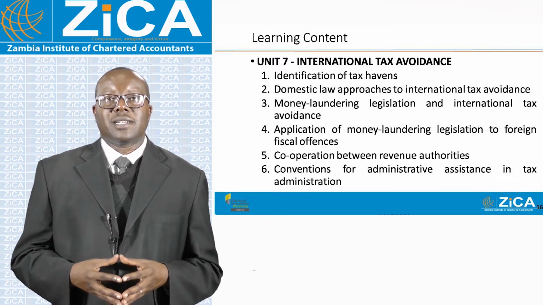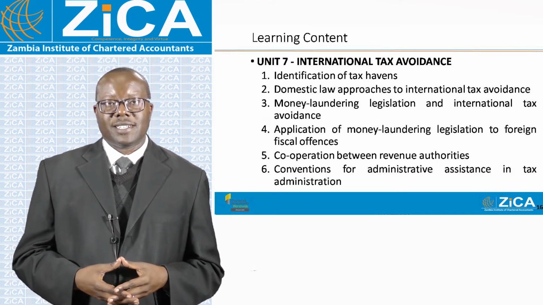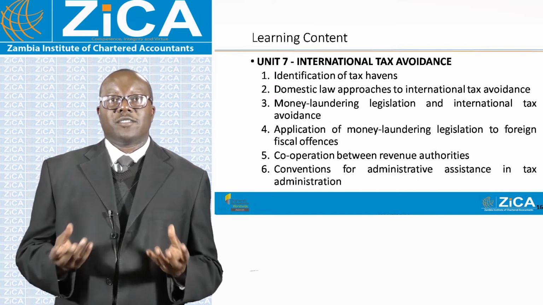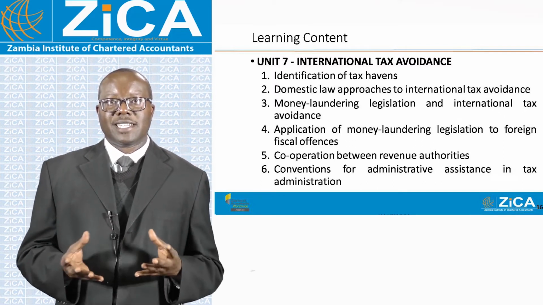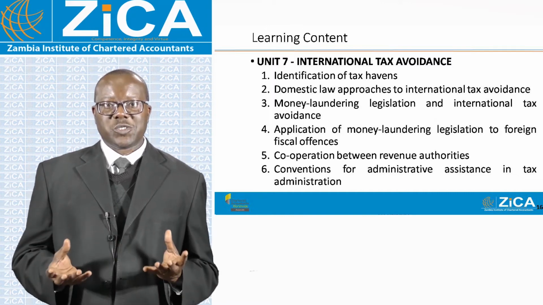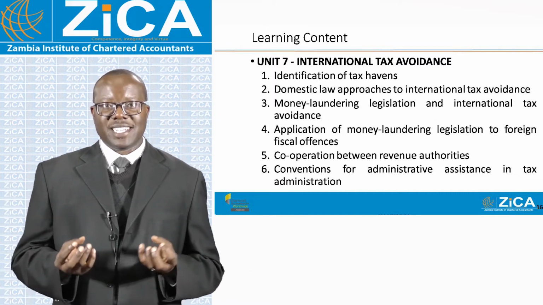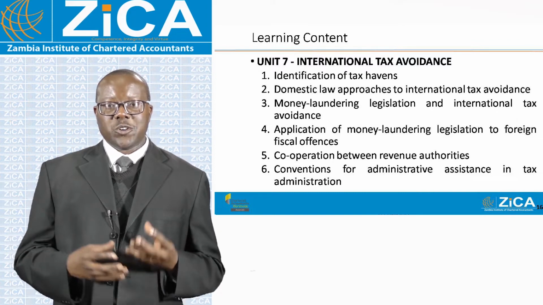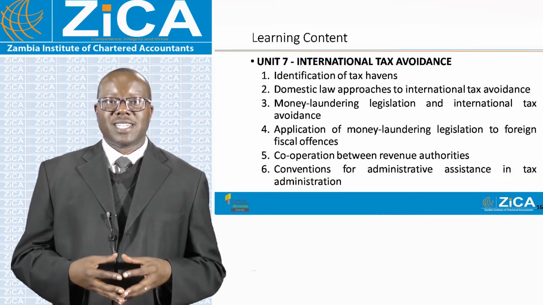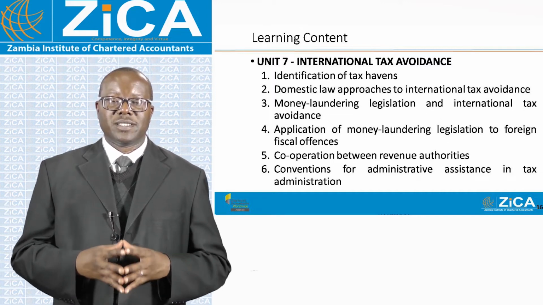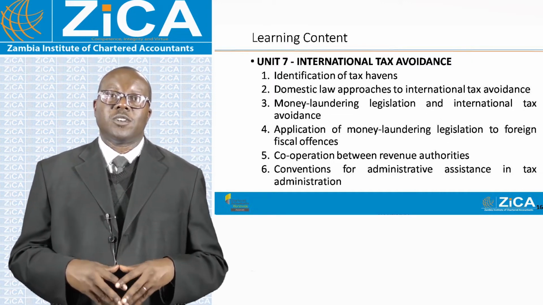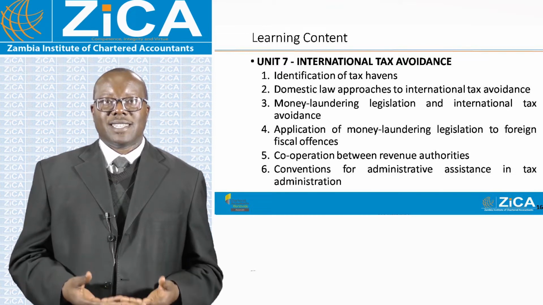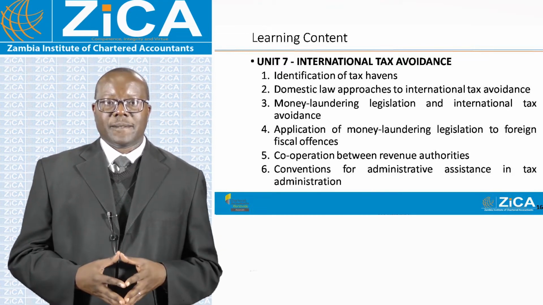5. Cooperation between revenue authorities, where our Zambia Revenue Authority cooperates with revenue authorities of other countries, especially in the areas of information exchange, to ensure that any income which is received here in Zambia is income which other tax authorities have subjected to tax or have exempted from tax, to ensure that here that income is dealt with fairly, both from the point of view of the taxpayer who has received the income and from the point of view of the government of Zambia. 6.